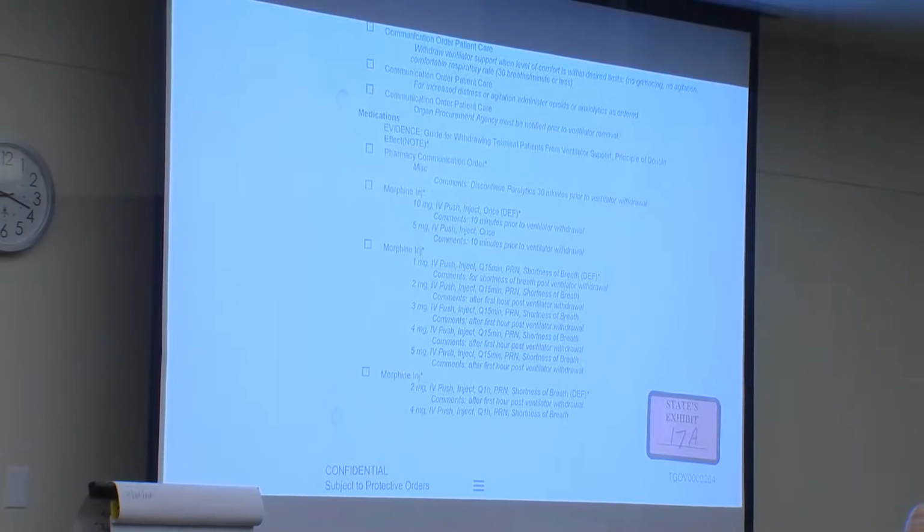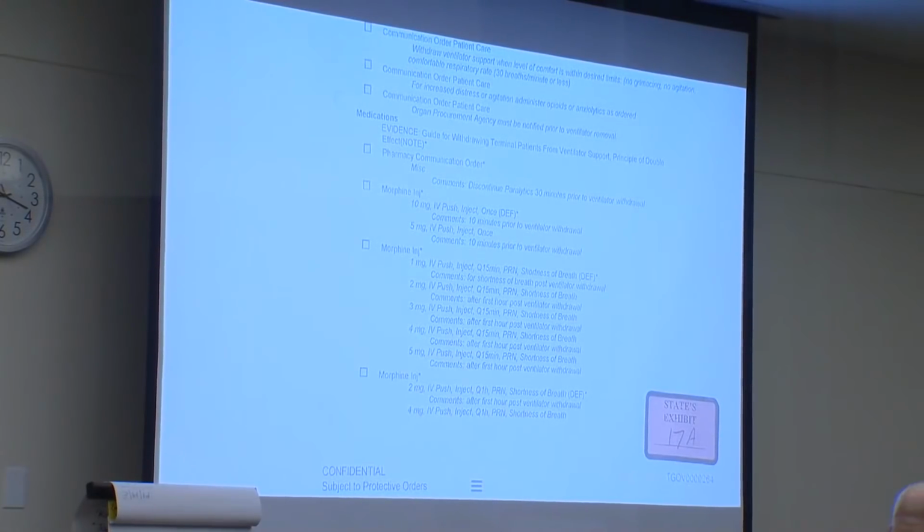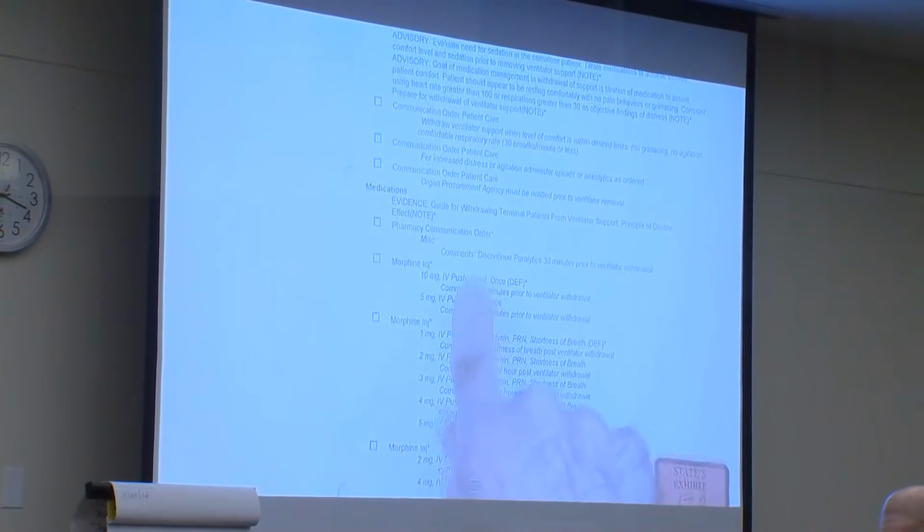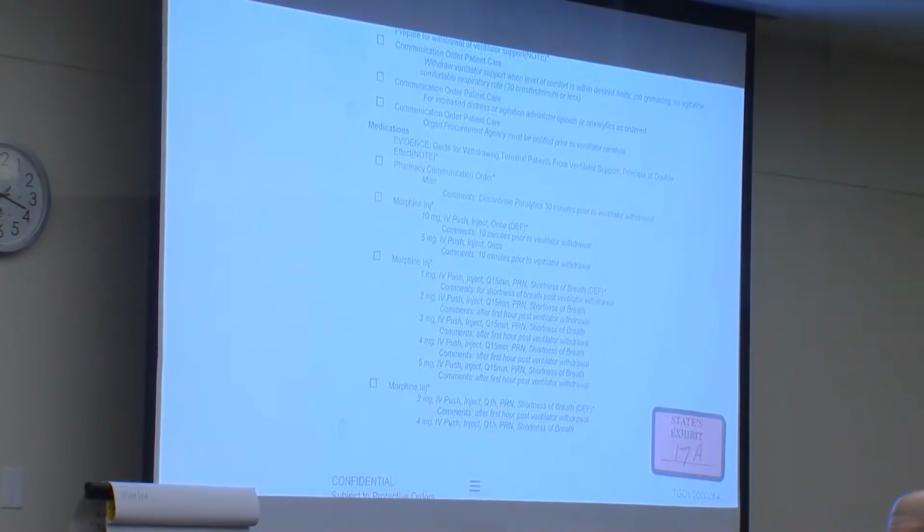That's prior to taking the breathing tube out. And that's a case-by-case, that says PRN situation? That's the second orders there where it says morphine, the second morphine order, the 1, 2, 3, 4, or 5. Okay. So this would be what the order set would call to start with? That's prior to taking the breathing tube out, yes, sir.